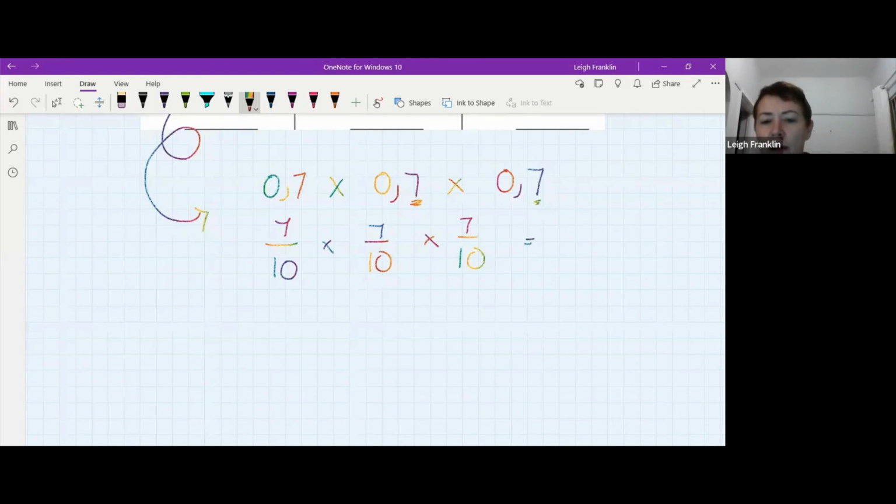And now, grade 7s, we're going to say 7 times 7 times 7, which is 343, over 10 times 10 times 10, which is 1,000. 0,343 is the right answer. The other way that we can do this is we can say, you can't simplify that anymore. It is fully simplified as it is.